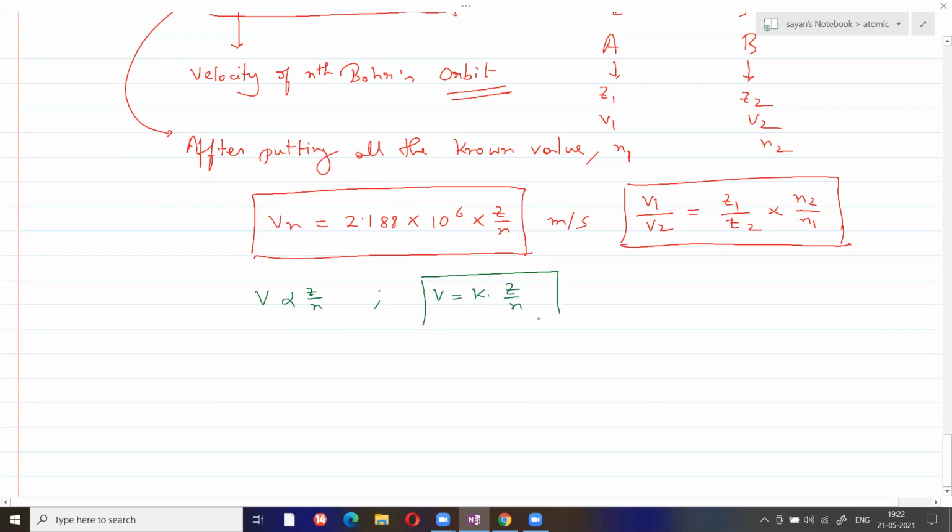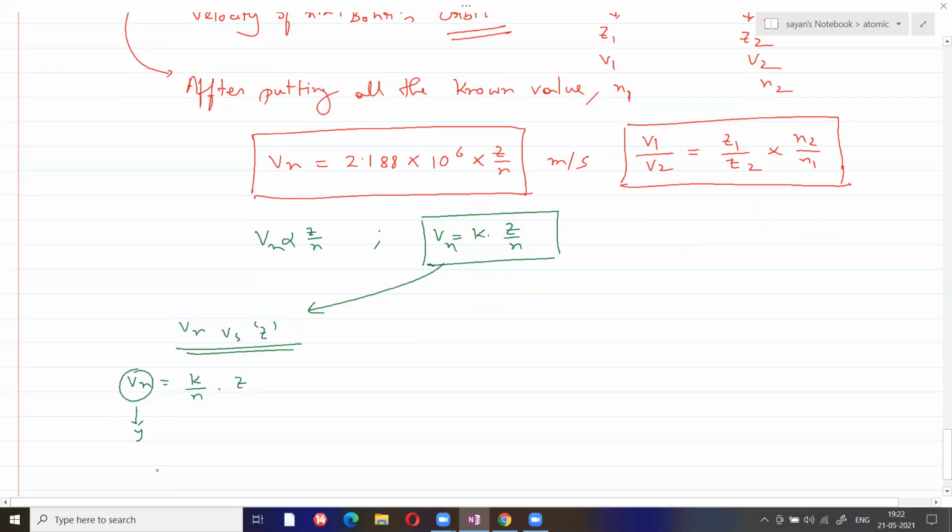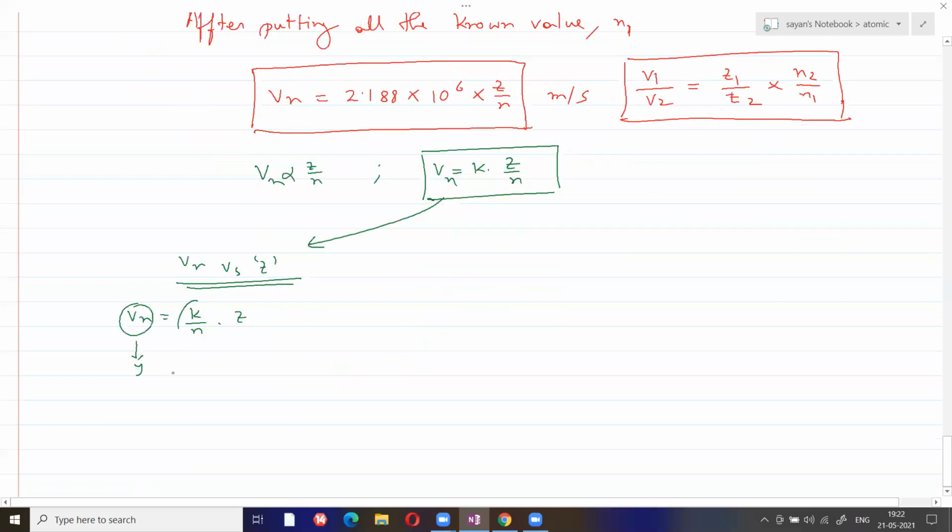Now from this formula you can draw three graphs. First graph is basically vn versus z. How can you draw? Vn versus z means, first write down the formula vn equals to k by n into z. So this one equals to y-axis, this one equals to m, and this one x.